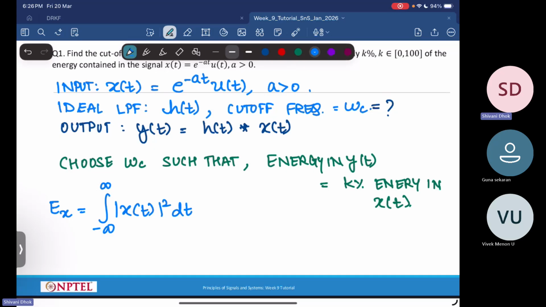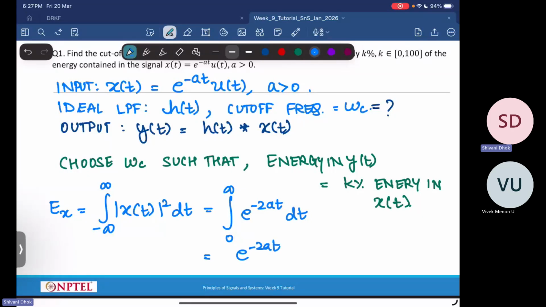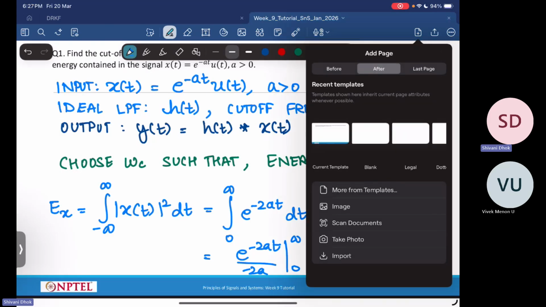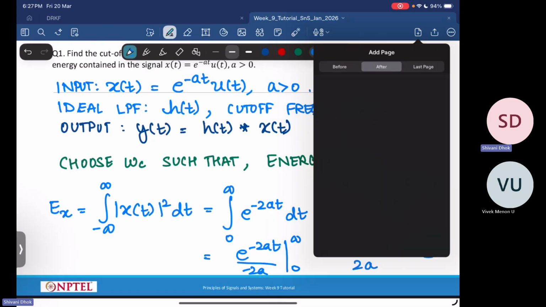So this we can obtain as integral 0 to infinity, since your x of t is only from 0 to infinity, e power minus 2at dt. This is equal to e power minus 2at by minus 2a from 0 to infinity. This comes out to be equal to 1 over 2a. Let's say this is the first expression that we have.